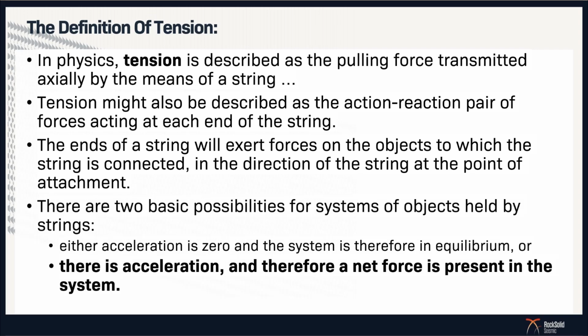There's basically 2 possibilities for systems of objects held by strings. Either acceleration is 0, and the system is therefore in equilibrium, or there is acceleration and therefore there is a net force present in the system. So if we're seeing acceleration, it means that there must be some net force happening.